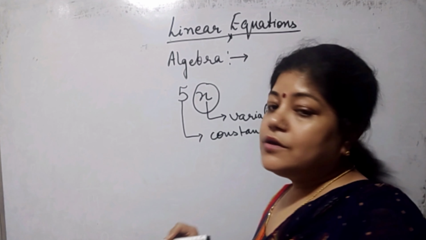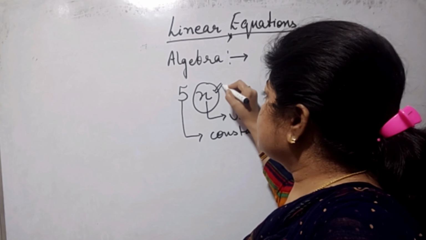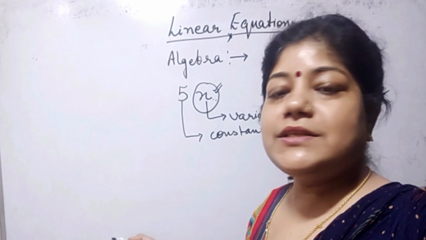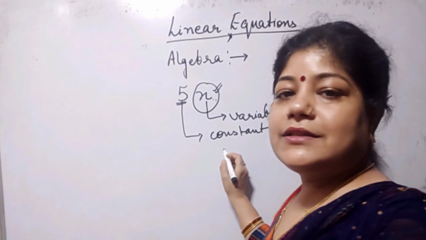Okay. So, in algebra, all the things which are written in alphabets, that means A, B, C, P, Q, R, X, Y, Z, all are the variables, and those which are numbers, all are the constants.